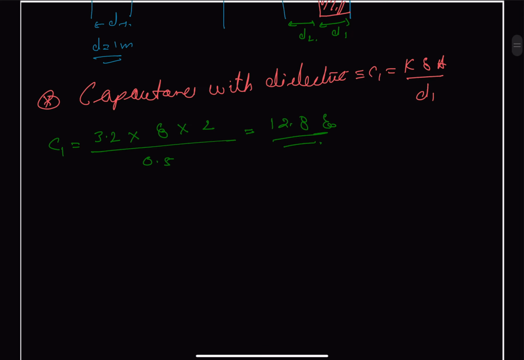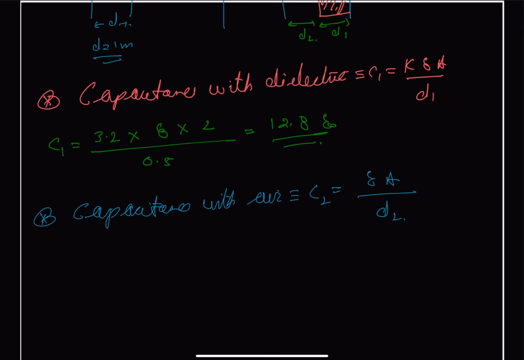And similarly, we can find out the capacitance with air, which we assumed is C2, equal to epsilon naught A divided by D2. So C2 will be equal to epsilon naught, area is 2 meter square and distance is 0.5. So this gives us 4 times epsilon naught.